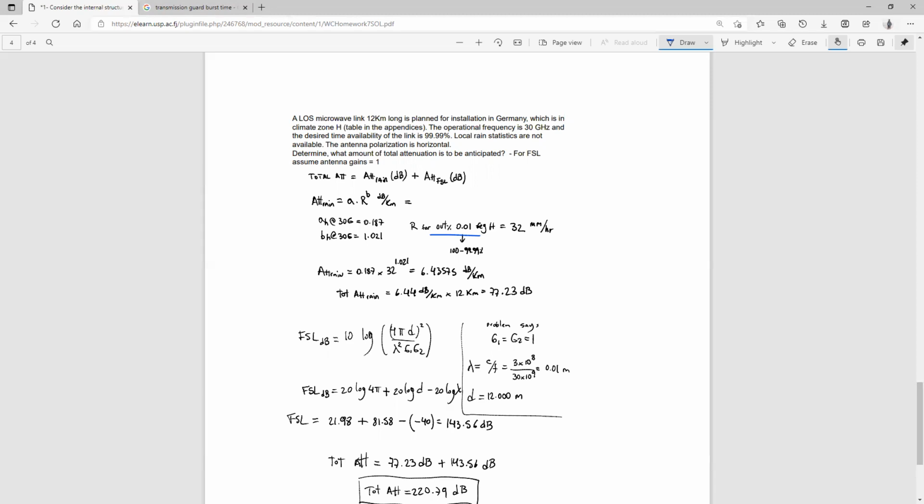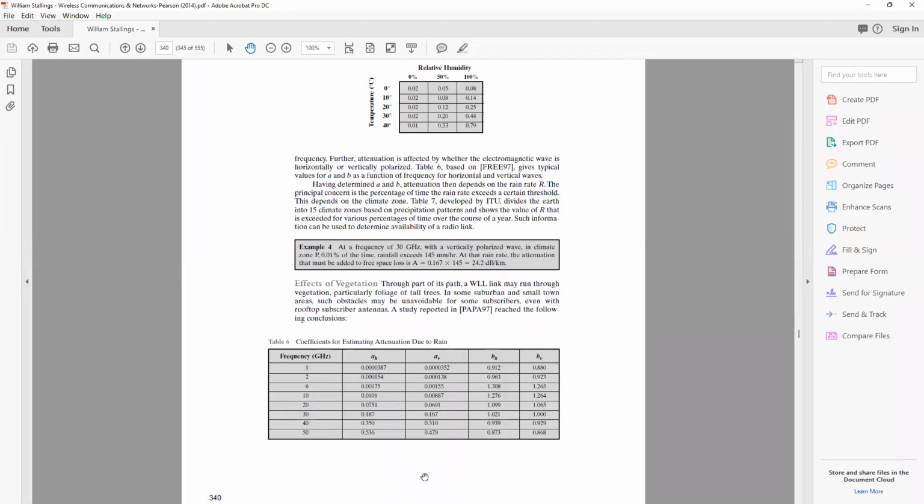Going back, this is our 30 gigahertz. The horizontal components are, this is our A value, and for the horizontal component of B, this is going to be our value. So our A value will be 0.187. Our B value will be 1.021.